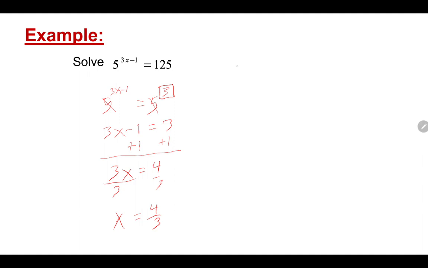So if I plug in, so this is my check. 5 to the power of 3 times 4/3 minus 1 should equal 125.